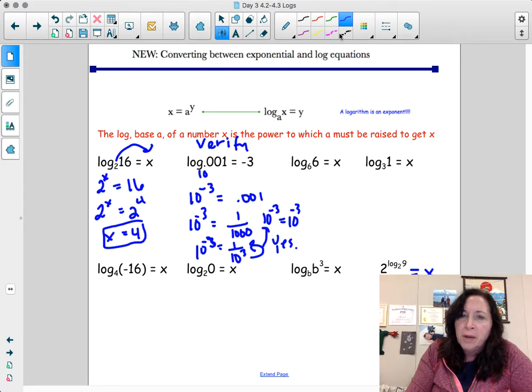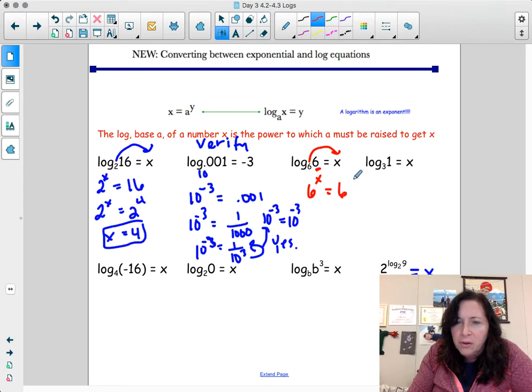For this problem right here, we're going to go again, base to across the equal sign. So 6 to the x power is equal to my argument, which is this value right here. And remember, if you don't see an exponent there, you know that these are always 1.